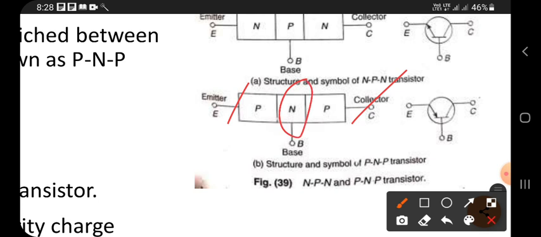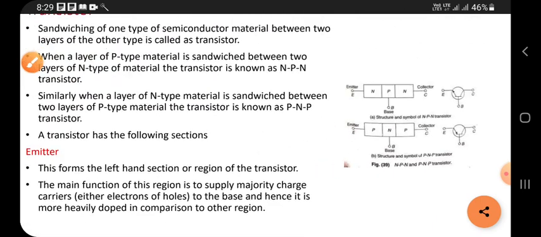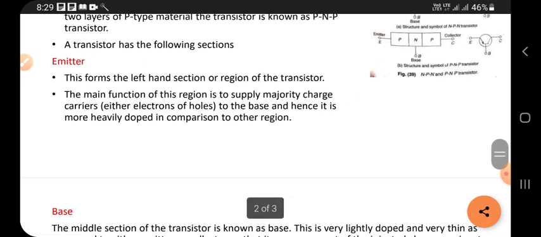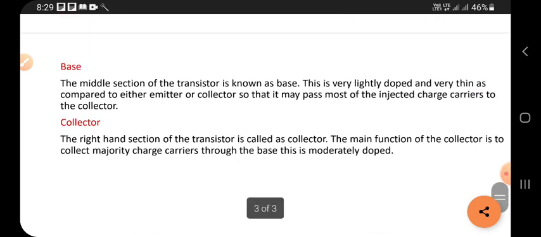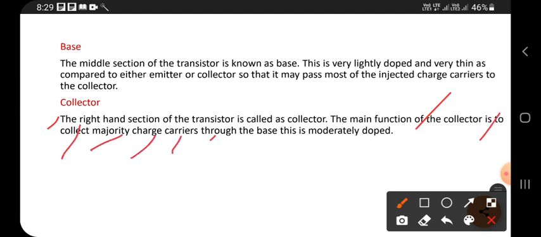The base size is small, the emitter size is larger, and the collector is much larger. The collector size is always greater than the size of the emitter and base. The main function of the collector is to collect majority charge carriers through the base. This is moderately doped.